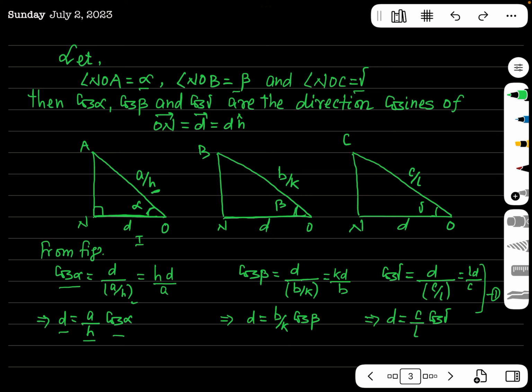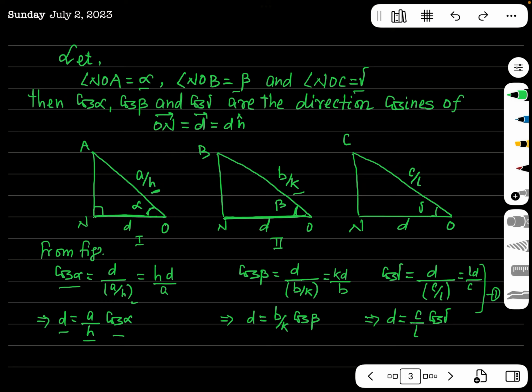Now we have assumed that angle NOB is beta, and ON again is equal to d, and OB is the intercept on the second crystallographic axis, equal to b by k. So from this second figure, you can find the second direction cosine, cos beta, which will be ON divided by OB.